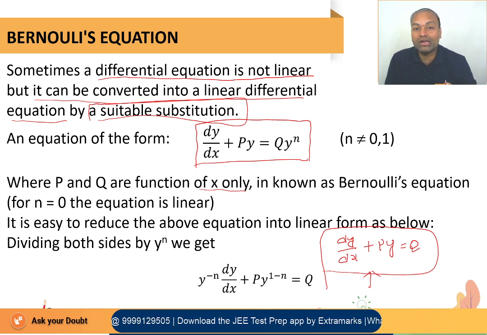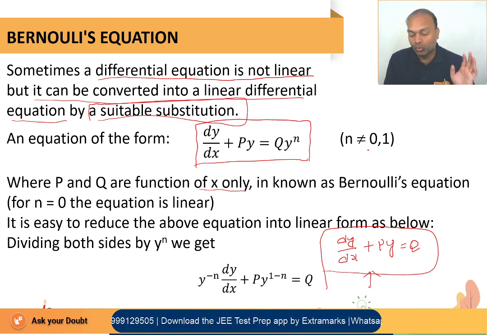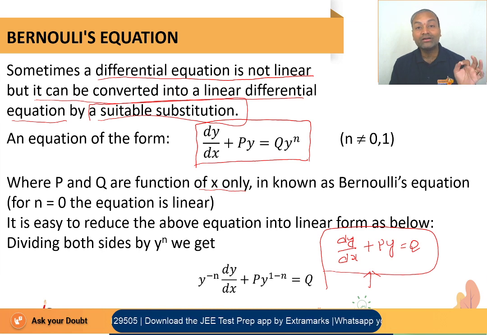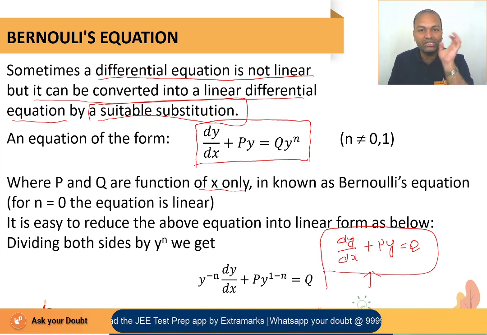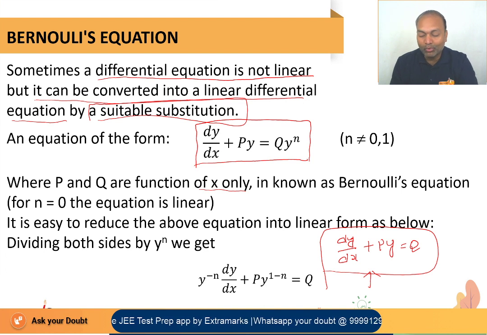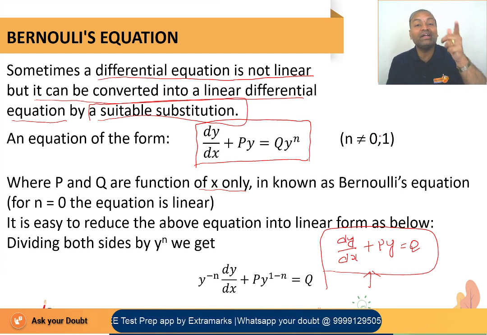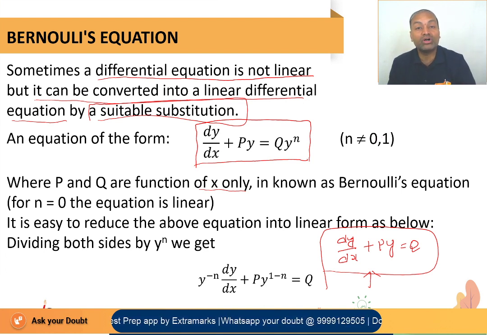Here n is not equal to 0 and 1. Why are we taking n not equal to 0 and n not equal to 1? Let me explain briefly. Suppose you take n is equal to 0. Put n is equal to 0 here.